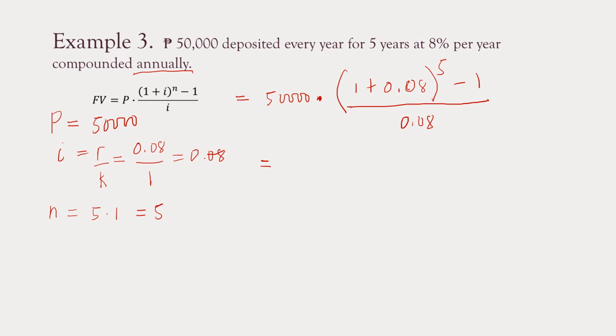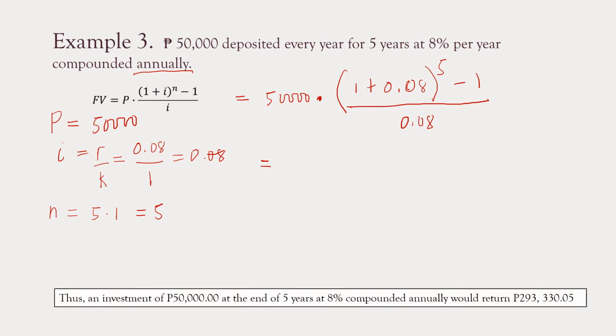Ang sagot nun, minus 1 ka. After mo mag-minus 1, i-divide mo ngayon sa 0.08. So, nakuha mo na yung quotient na yun. Times 50,000 ka na. So, ang sagot niyan ay 293,330.05.